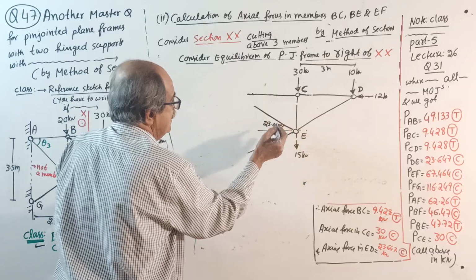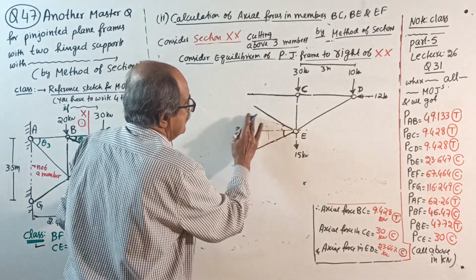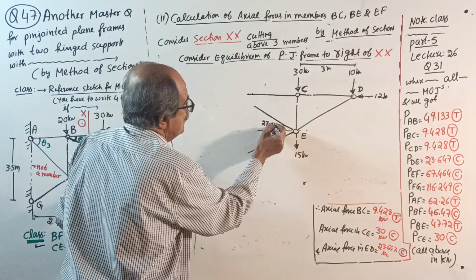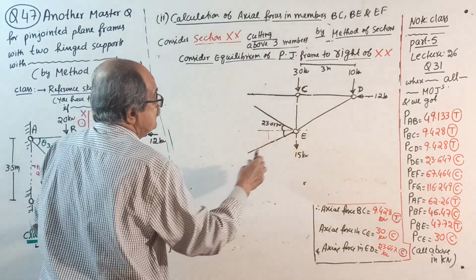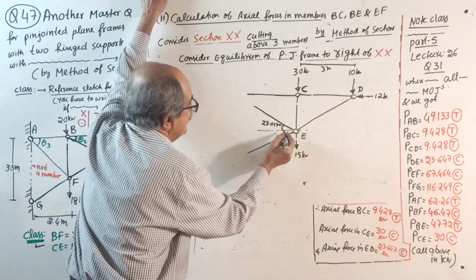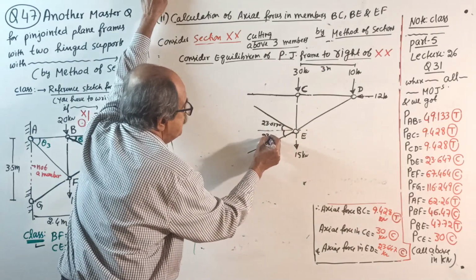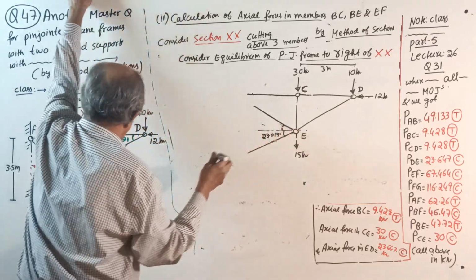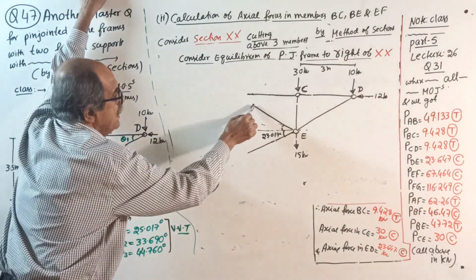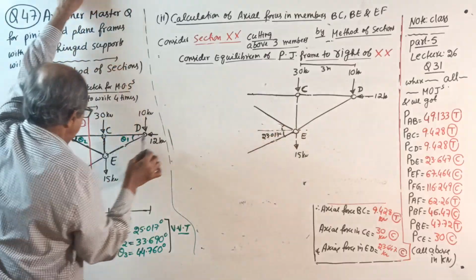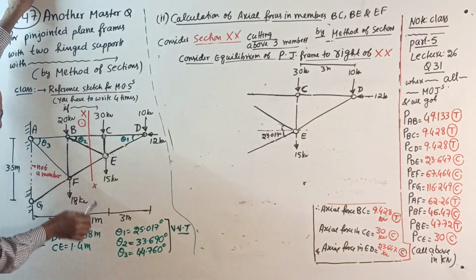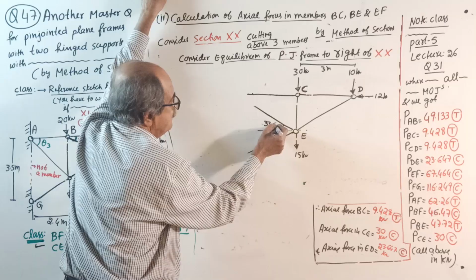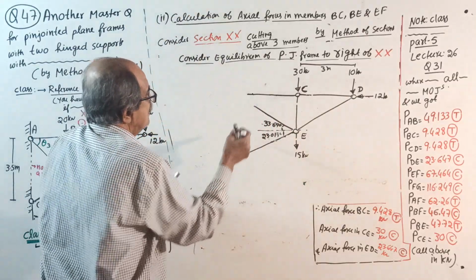This is small, I am writing 0.17. You can see how much importance I am giving to each and everything. 23.017 degrees for this member. That member, the angle made by this member with horizontal is theta 2, 33.69 degrees. Okay, now, cut.